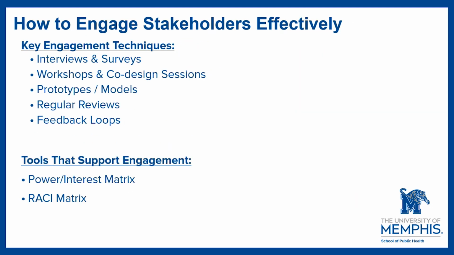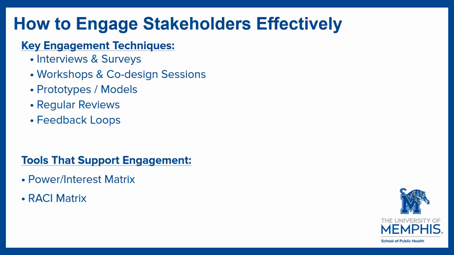Now, how do we engage with stakeholders effectively? Well, I have listed 5 ways. You conduct interviews and surveys, workshops, co-design sessions, prototypes and models, regular reviews, and feedback loops.